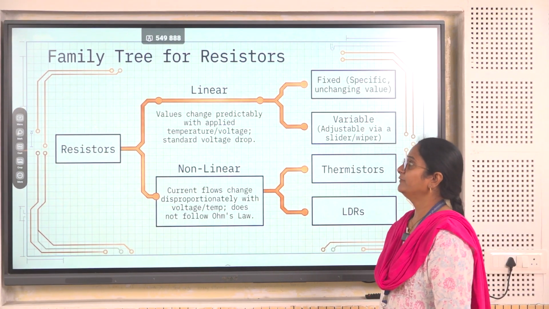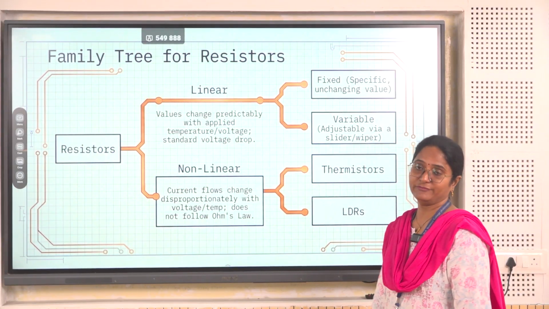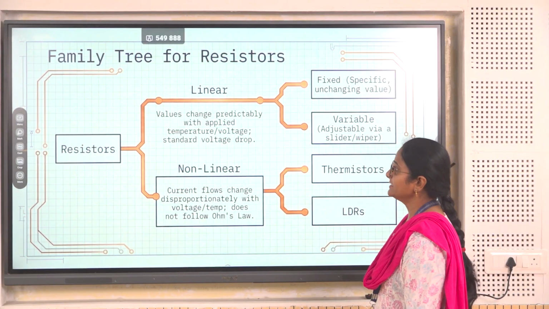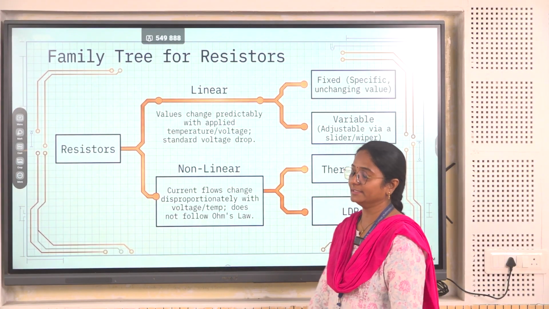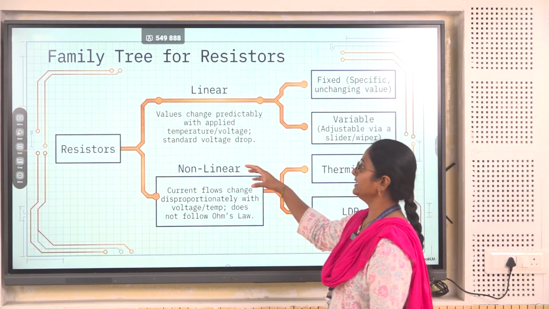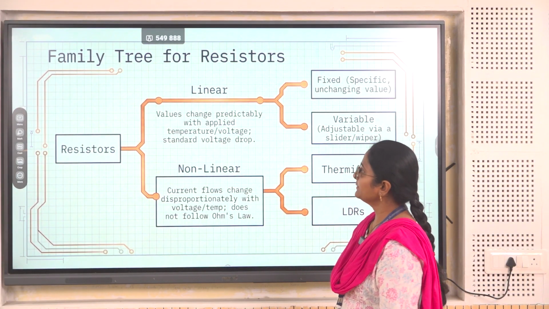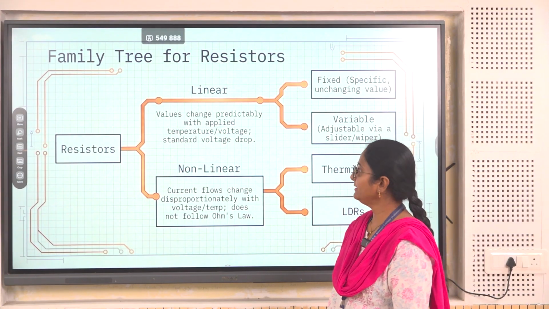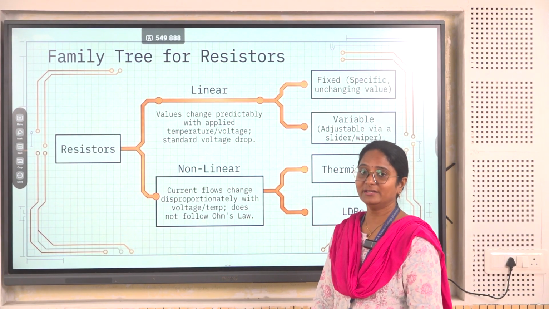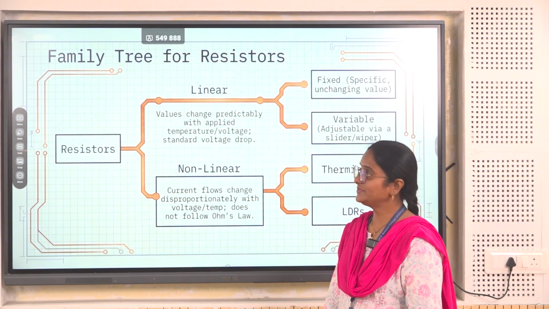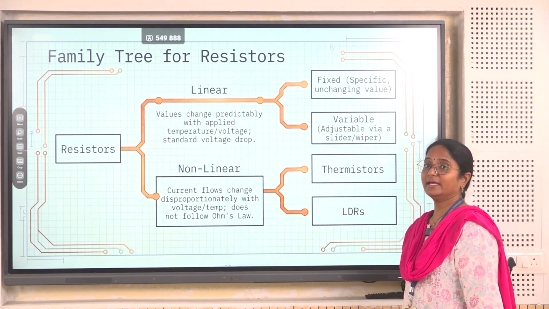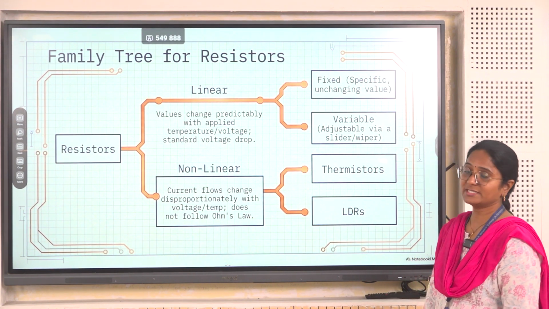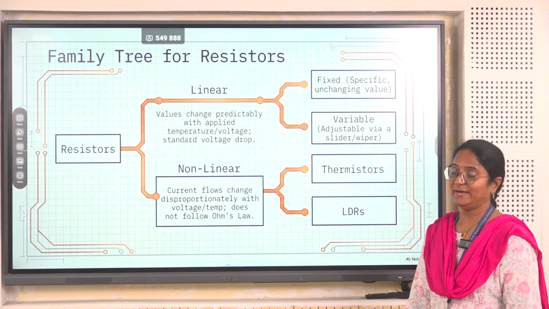Here you can see the family tree of resistors, where resistors are basically of two types, linear and non-linear. Linear means the value changes predictably with applied voltage or temperature, that is, a standard voltage drop can be observed. Linear resistors are again classified into two, fixed value and variable value.